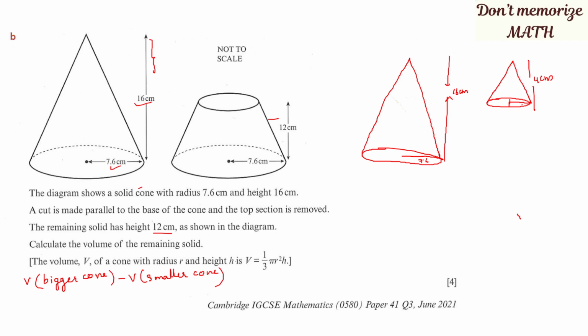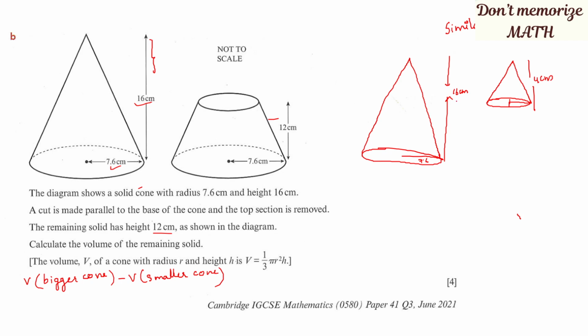The radius is not given. So what we have to use here is the similarity of shapes. We can say that these two shapes are similar shapes.